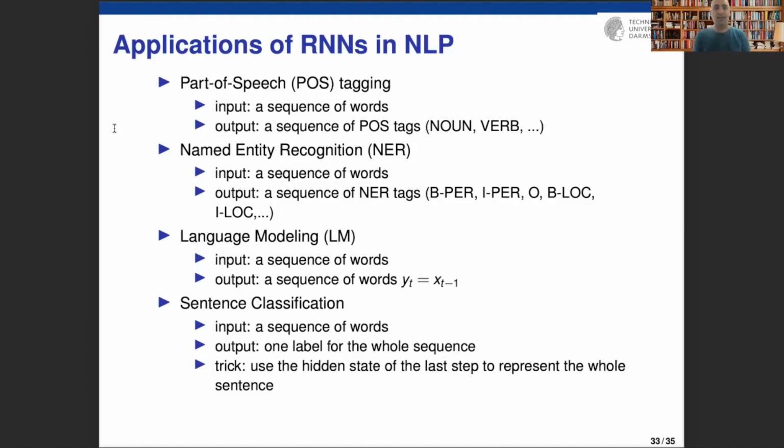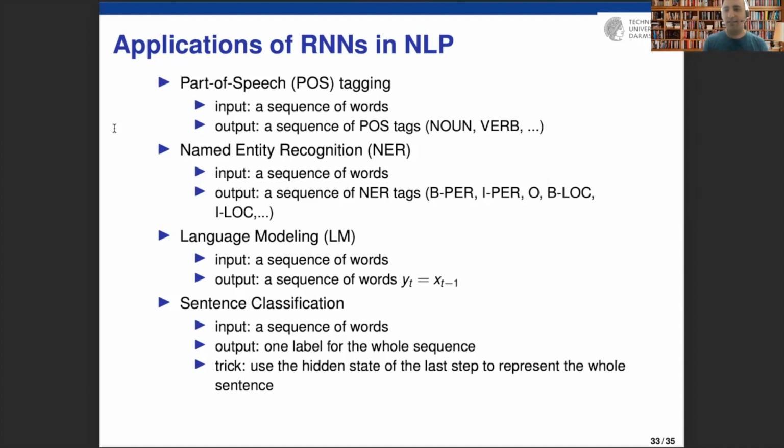Okay, in this slide, I would like to talk about some applications of RNNs in natural language processing. As we discussed, RNN is very helpful when you have a sequence prediction task or when you want to process a sequence of inputs. When we talk about sequence prediction in NLP, everybody thinks about part of speech tagging.